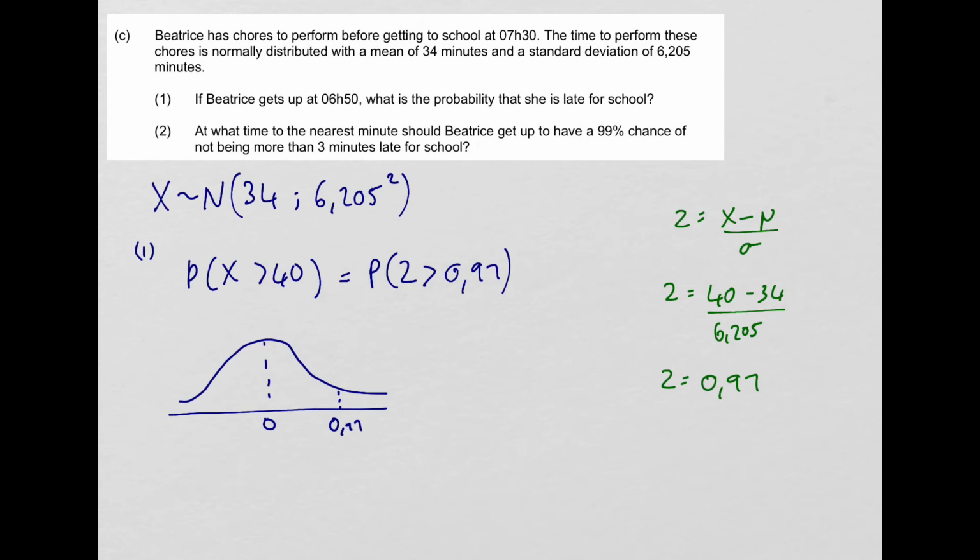We need to subtract from 0,5, because remember that this part here, that area is 0,5, and this part's area is 0,5. So if we subtract, and 0,97 represents the area all the way to there, effectively what's left is 0,03.